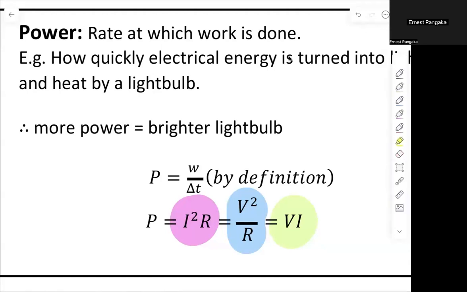So with Dumelo, what we can note here is more power equals brighter light bulb. So what that means, for those kinds of questions where they'll ask you, what would happen to the brightness of the light bulb if change 1 or change 2 or change 3 is made? What you're required to do for questions like that is figure out what is going to change with the power output.